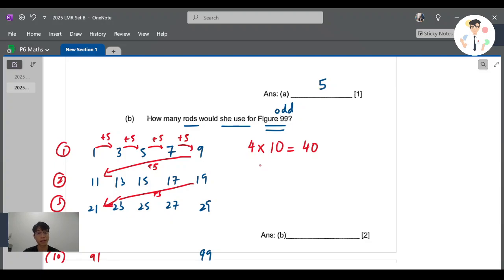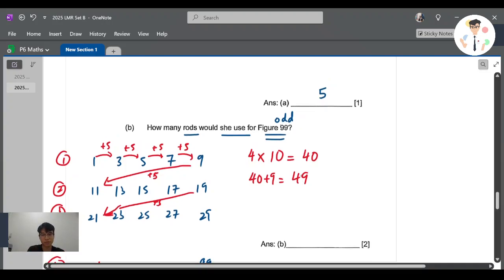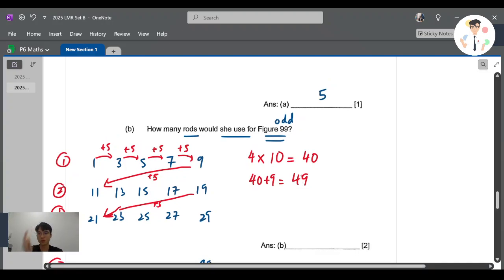I need to actually have 9 times. So it's actually 49 times I need to plus 5. Again, how do I know? Because 1 to 2 is 1 time, right? 2 to 3 is another time. So if you try it out until 10, it will be 9 times. Okay? So in conclusion, I need to plus 5 for 49 times.